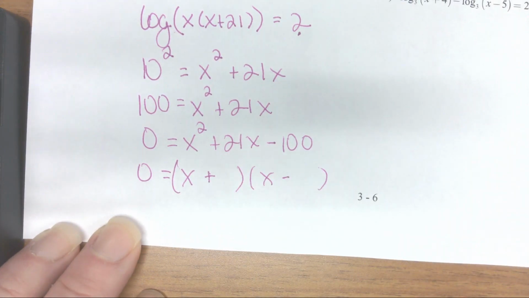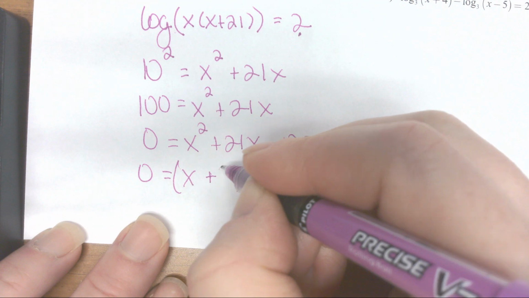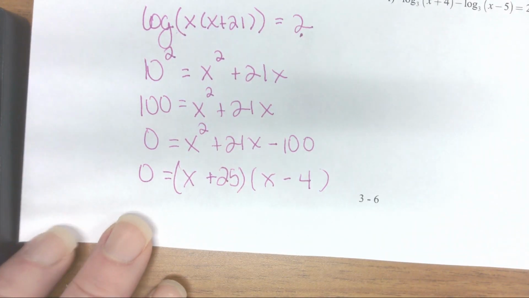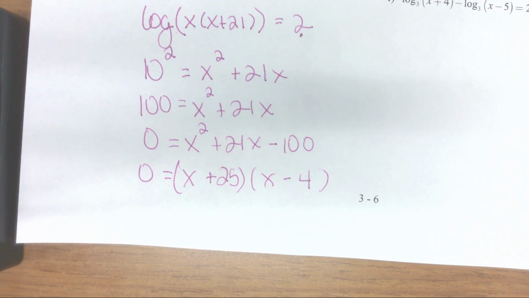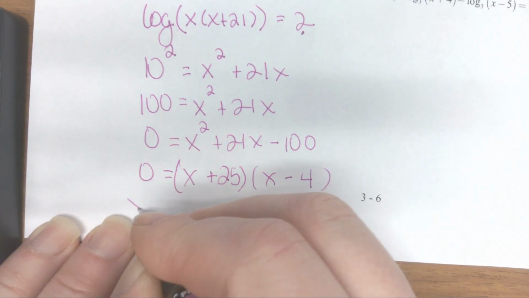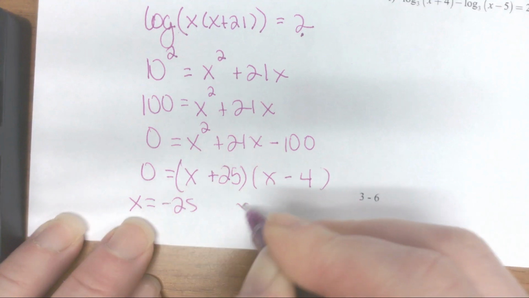And then it would just be a plus 25 and a minus 4 equals 0. It's the same sheet as on Tuesday. All right, so my answers would be x equals negative 25 and x equals 4.